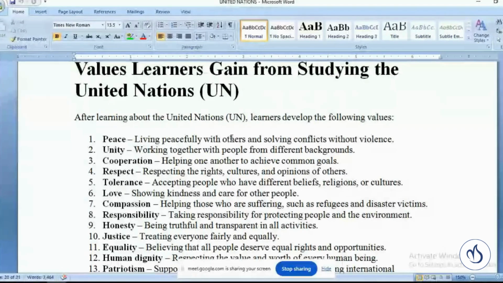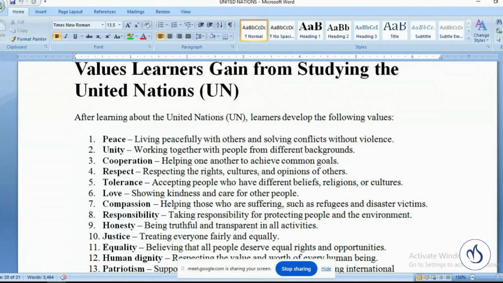Number one, after learning about the United Nations Organization, learners develop the following values: peace, living peacefully with others; unity; cooperation; respect; tolerance; love; compassion.